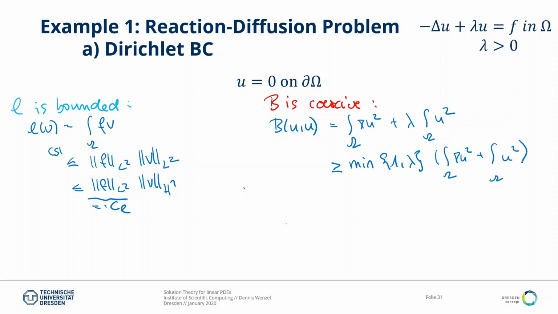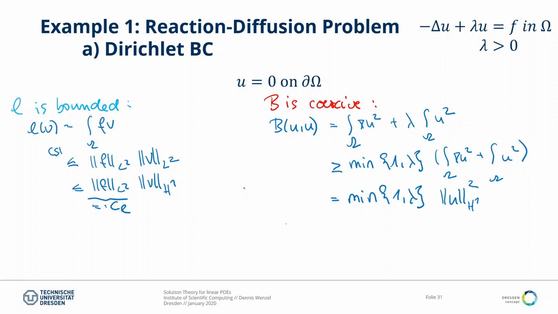And then I'm almost done already, because this part here already is my H1 norm squared. So this is just the minimum of 1 and lambda times the H1 norm of u squared.